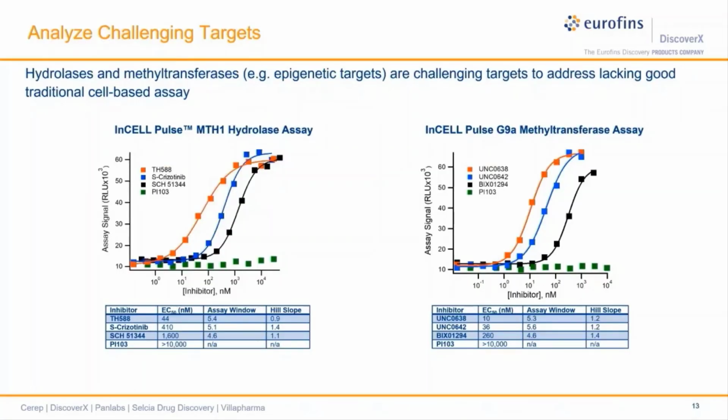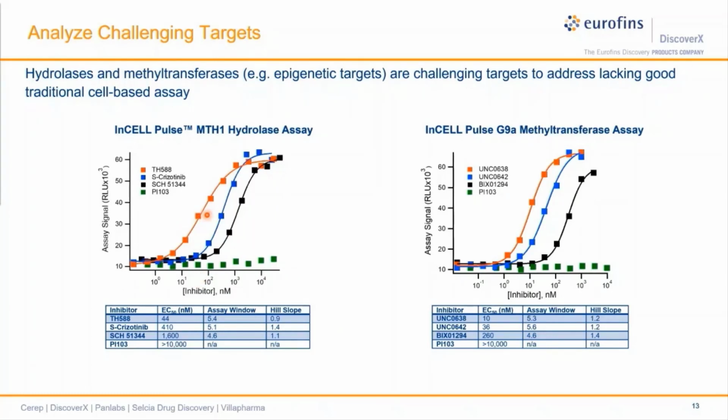Analyze challenging targets with InCELL target engagement assays. MTH1, a DNA-modifying enzyme, and G9A, a histone-modifying enzyme, are both oncology targets without good functional assays. These curves show analysis of 3 MTH1 inhibitors and also a lipid kinase inhibitor, which is inactive, using the InCELL Pulse assay.